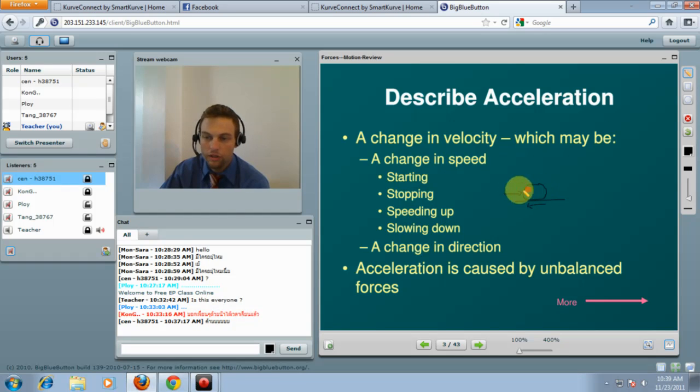If these are equal, this is not moving, so that would be no acceleration. But if you have an unbalanced force, where you're pushing really hard on this and there's only a little bit over here, you're going to have it moving this way. It's going to change in speed, and it's going to have some form of acceleration.